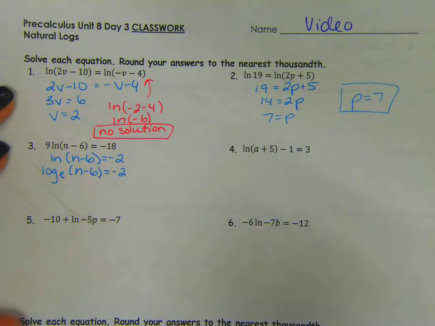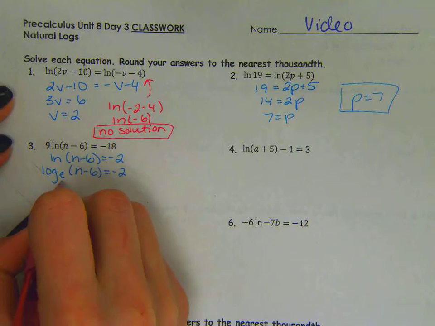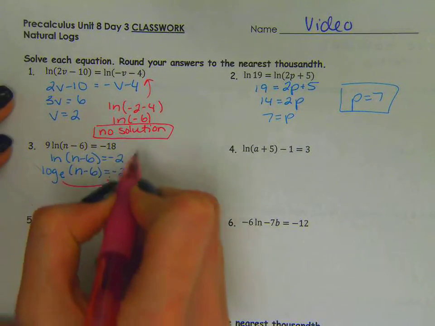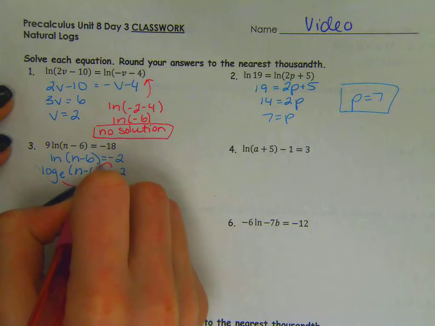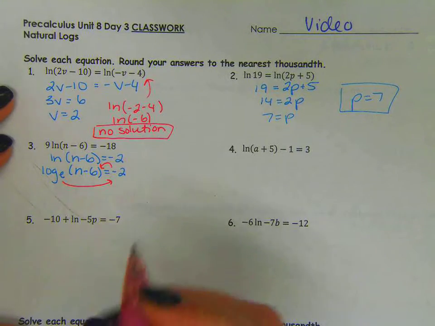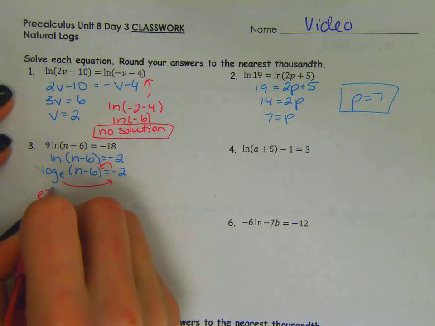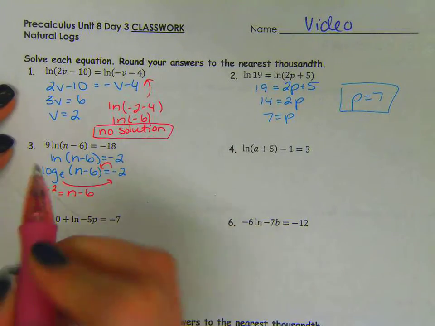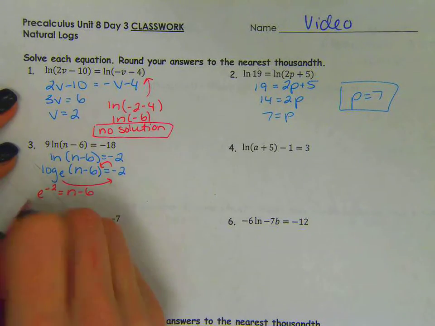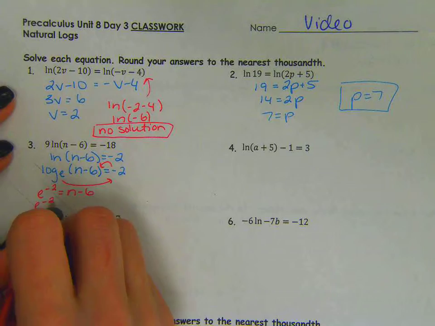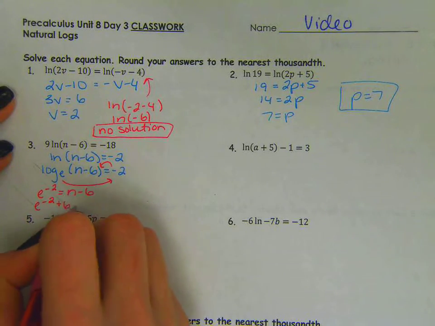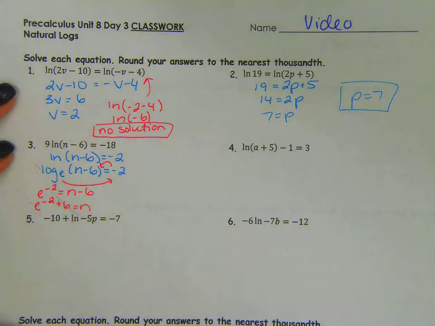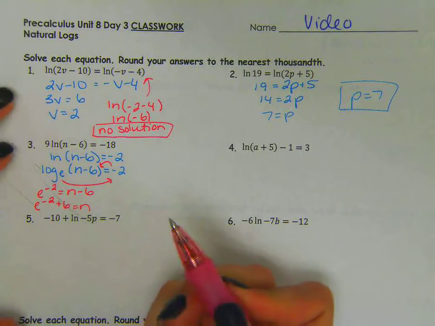So we remember, to go to exponential form, we take the base, we go to the piece on the far right, and then back over to that piece in the middle. So we would end up having e to the negative 2 equals n minus 6. With that, now I can add 6 to both sides, so e to the negative 2 plus 6 equals n. And this can go right into the calculator.